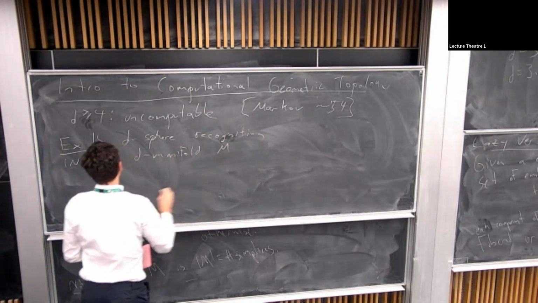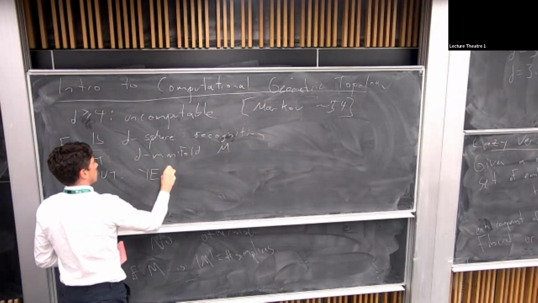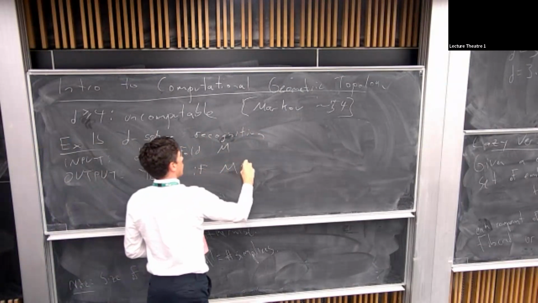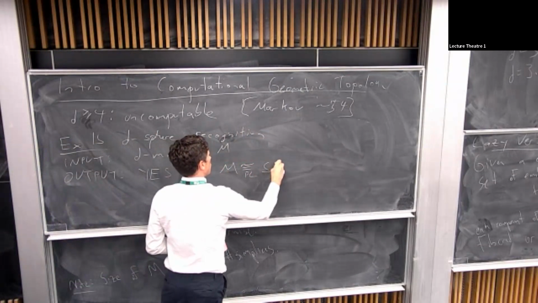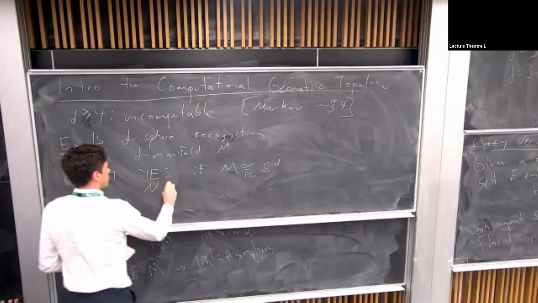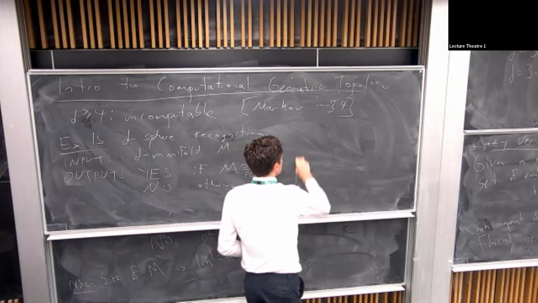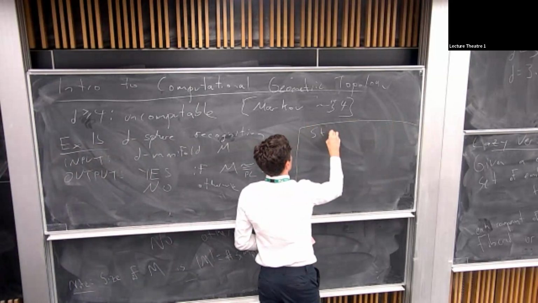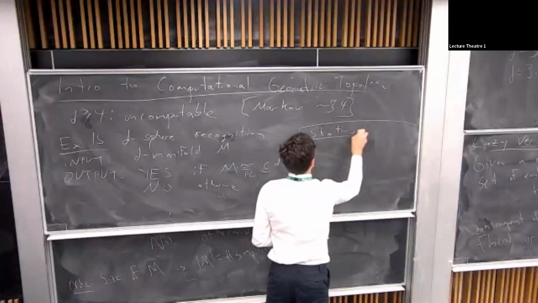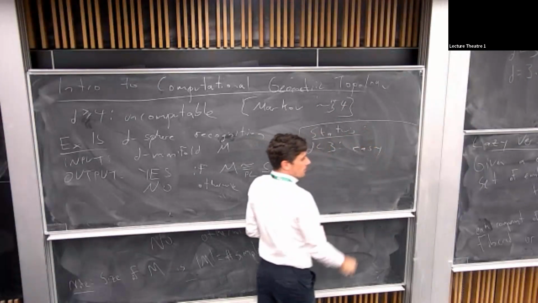And you want to output yes if this is PL homeomorphic to a PL D-sphere and no otherwise. So what's the status of this? Again, when D is at most 3, it's even easier than the previous problem, which is already easy.